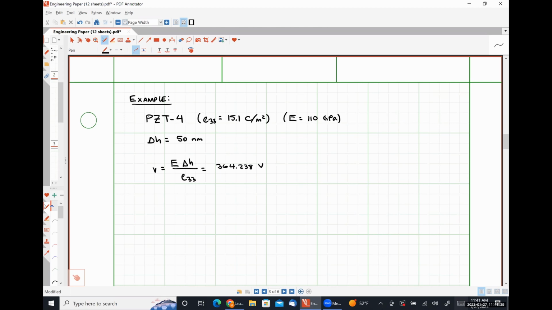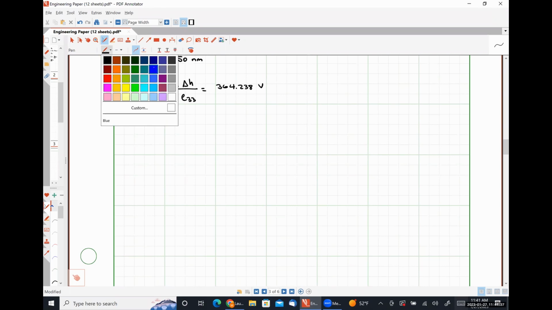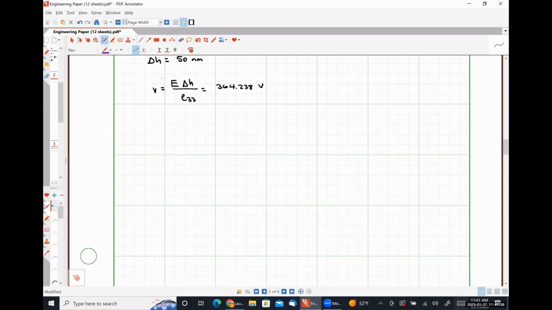So what can we do to generate similar displacements using smaller voltages? We can make stacked actuators, okay? So effectively, if I take, let me draw here just a stack of electrodes. Like so.